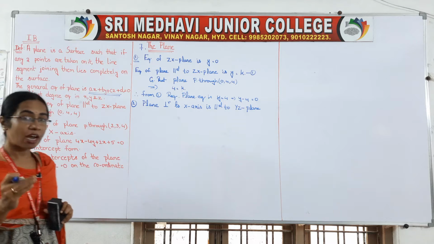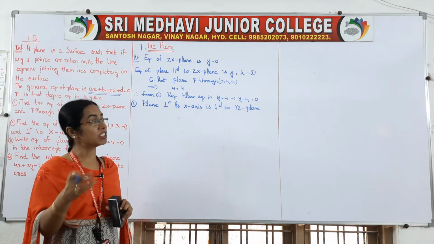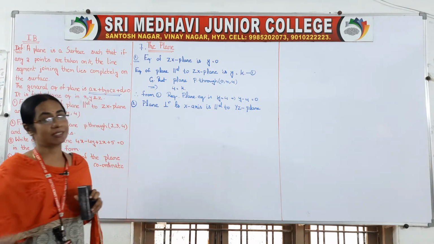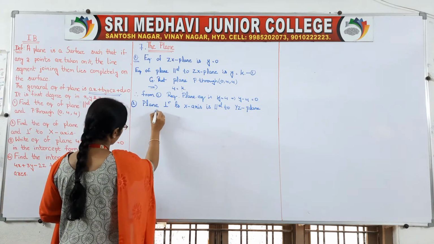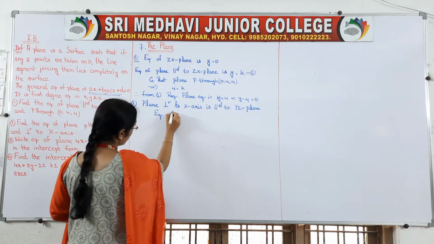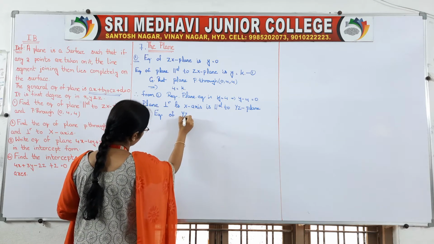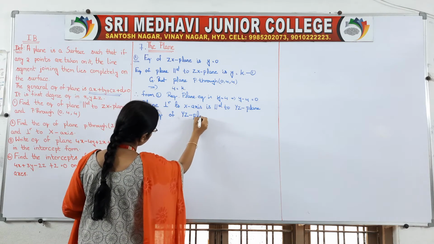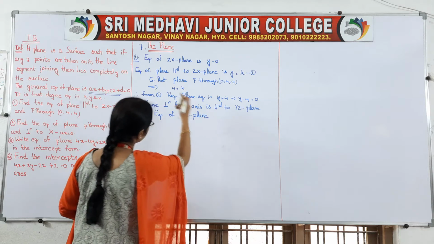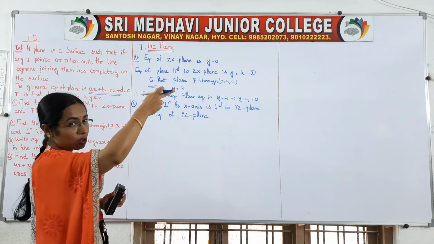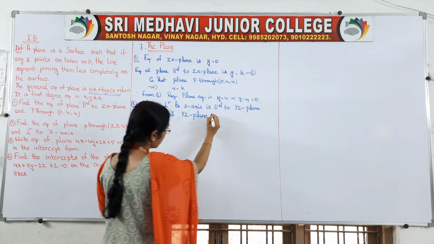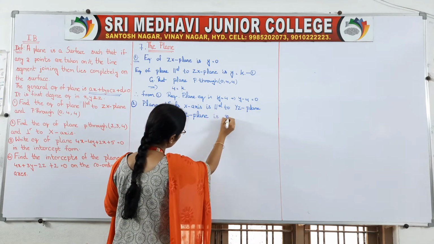So first you take the equation of the YZ plane. What is the equation of the YZ plane? If you observe, for the ZX plane we took y = 0. So for the YZ plane, x = 0.